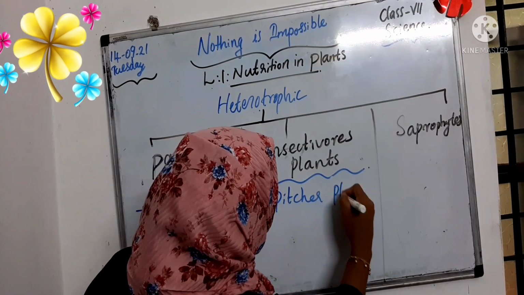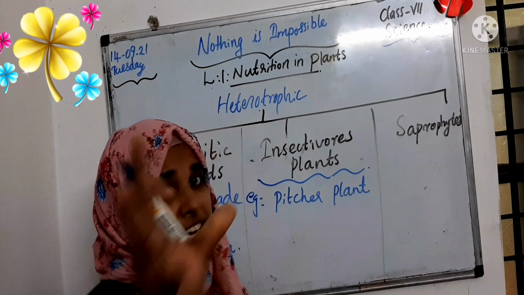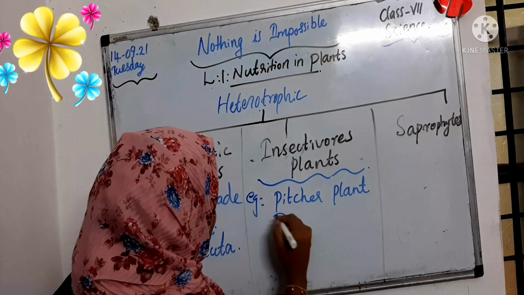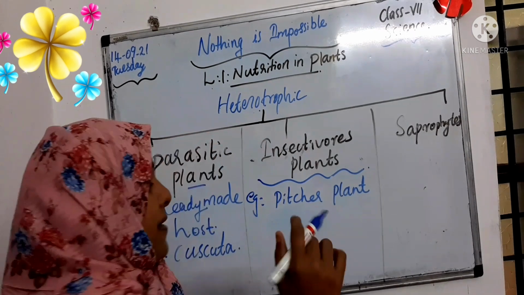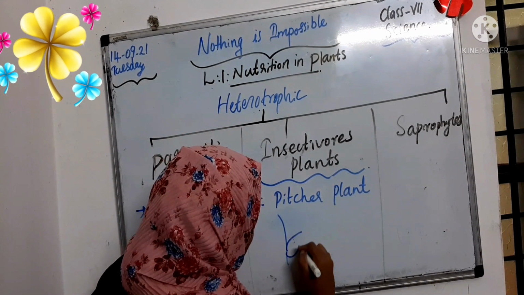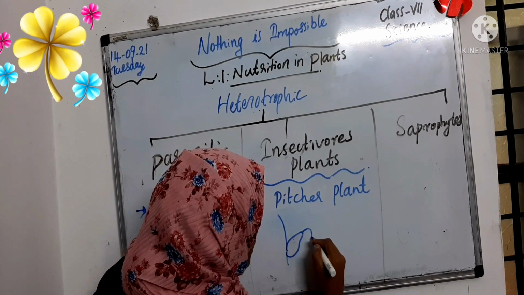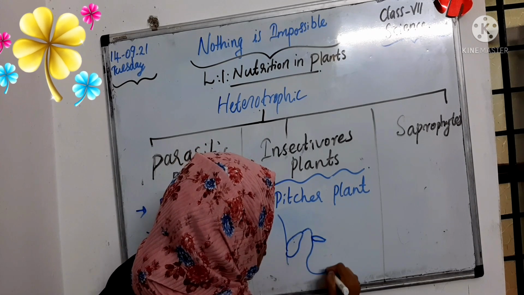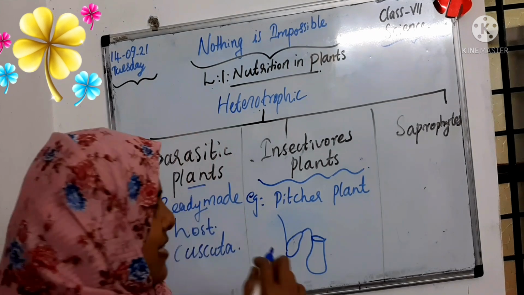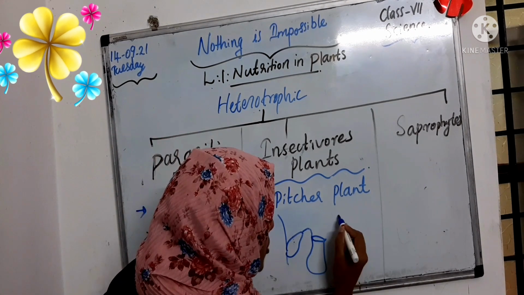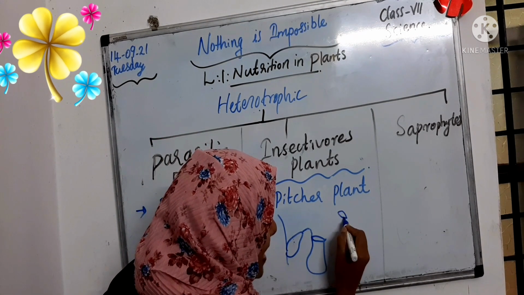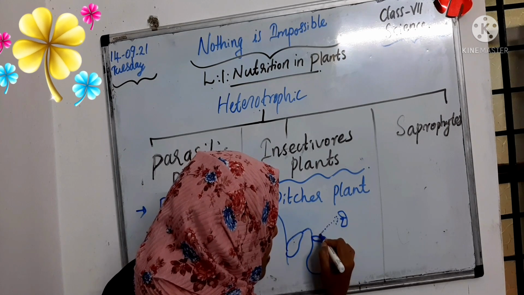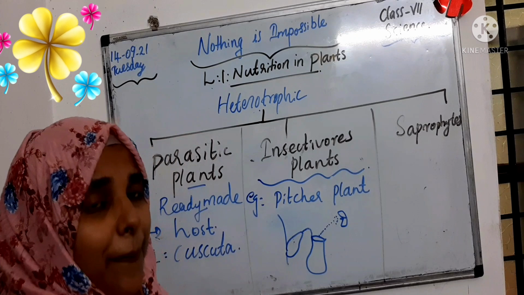In the pitcher plant, the leaf is modified into a pitcher, like this shape. When an insect lands in the pitcher, what will happen, children?